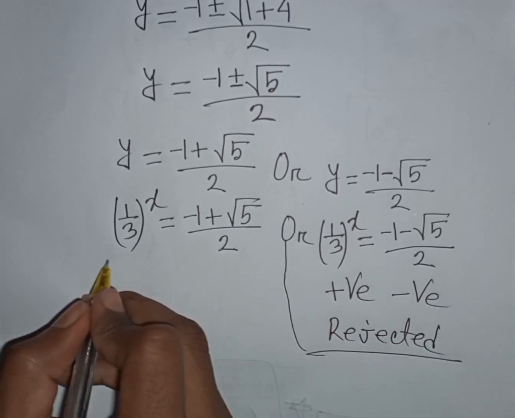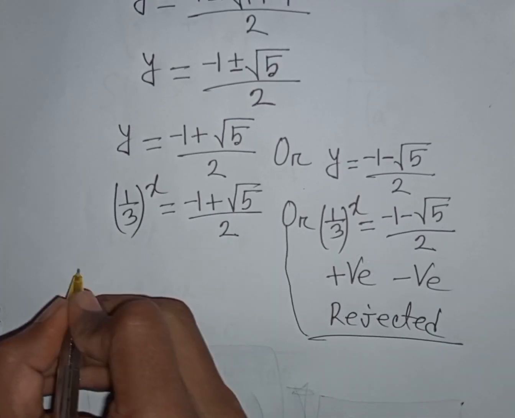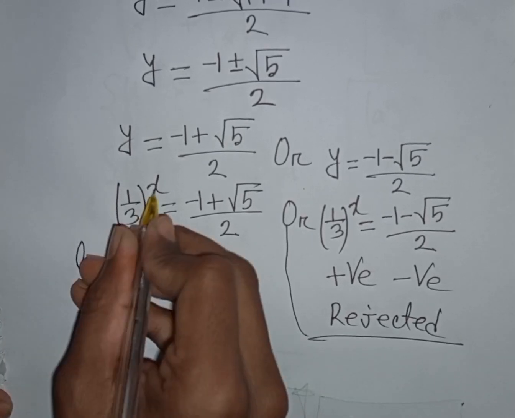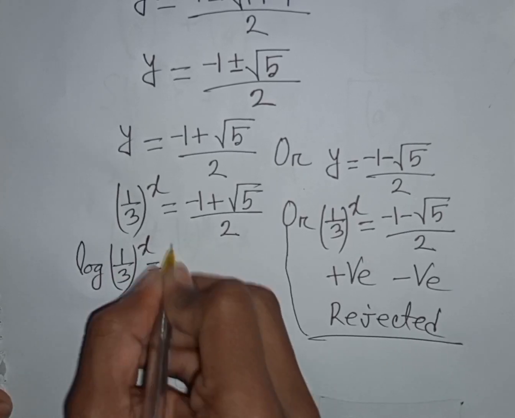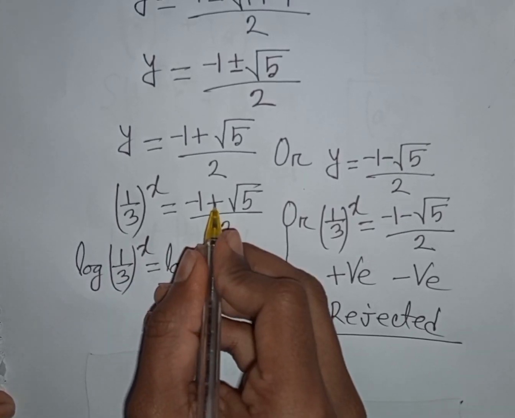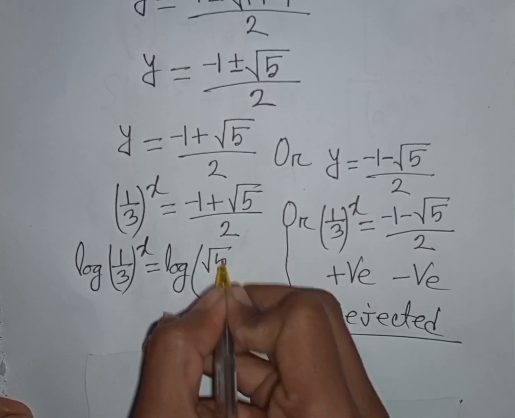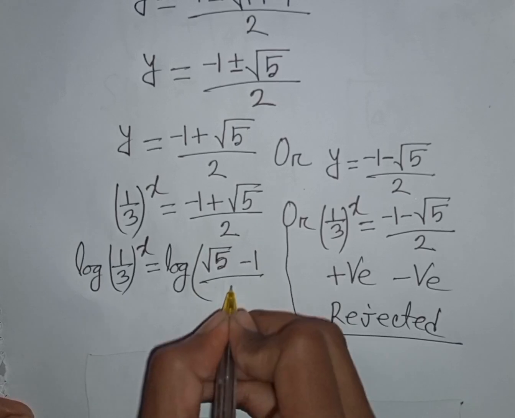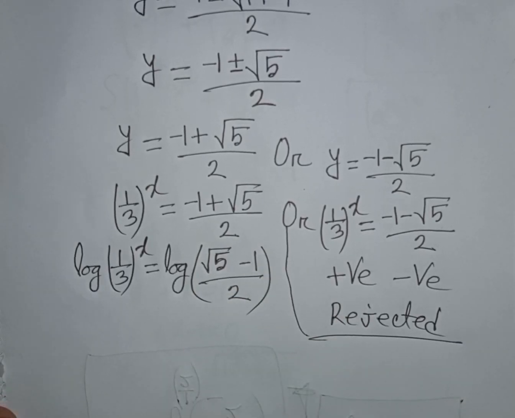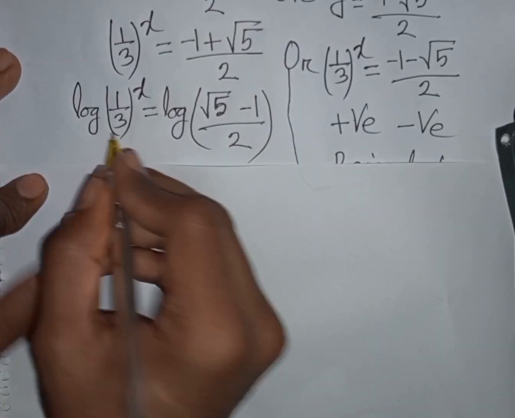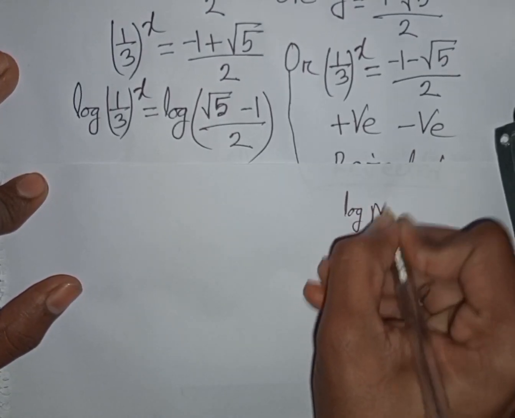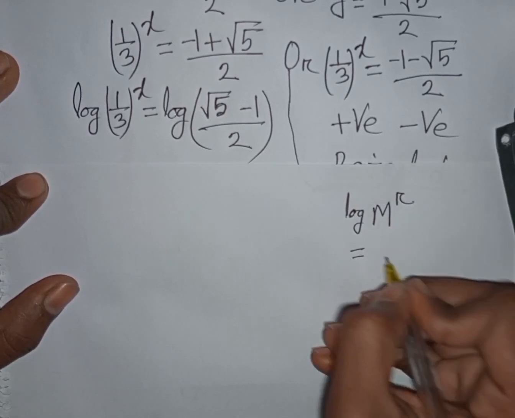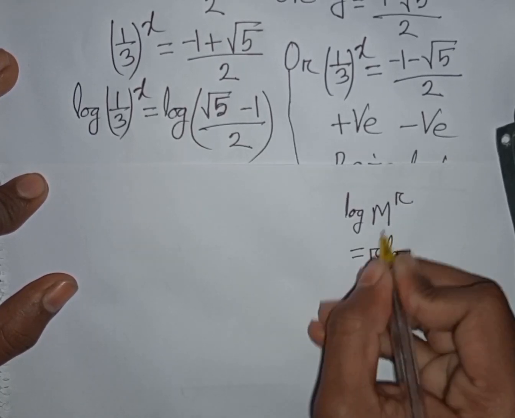Now from here we apply log on both sides. So we can write log of 1 by 3 bracket power x is equal to log of square root of 5 minus 1 divided by 2. Now here I can apply the rule that log m power r is equal to r log m.